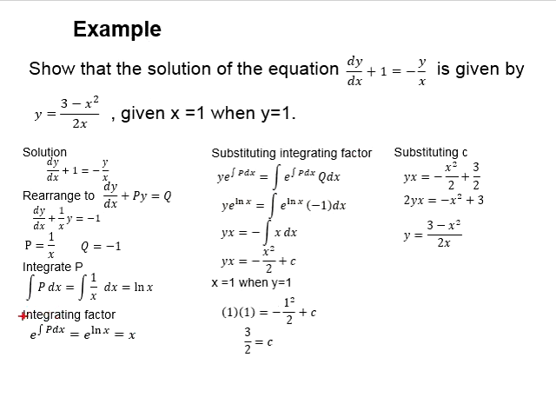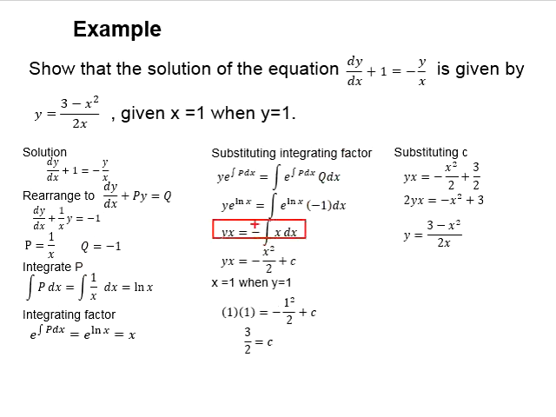You know that this e power of the integration of p dx will be equal to x. With that will give you yx equals to negative x dx. The negative 1 here is due to the q, based on the formula here.